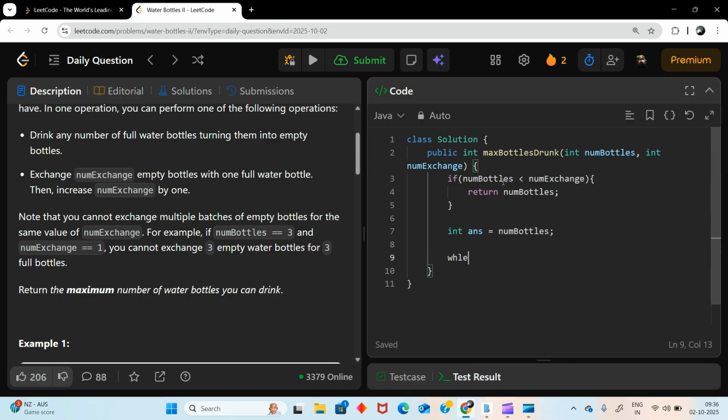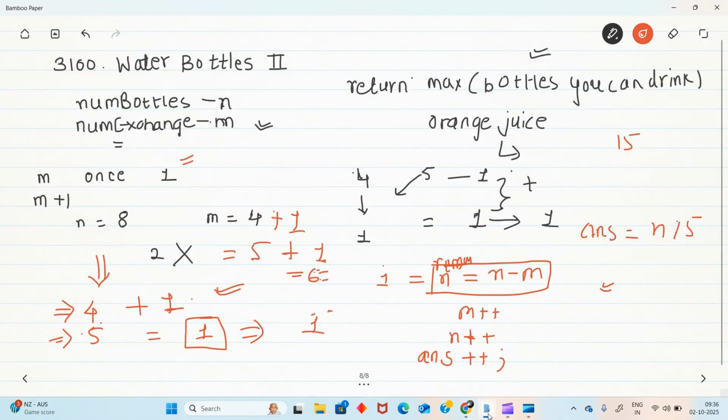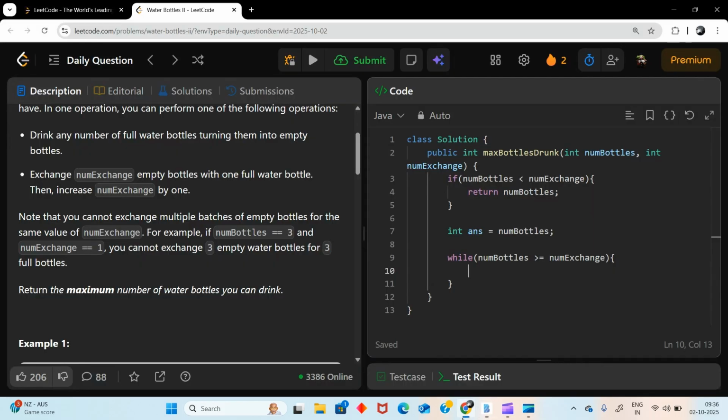We will do this subtraction while my number of bottles is greater than or equal to num exchange. Once we get the value as 1, we will stop, because my number of bottles is 1 and exchange is 6, so we won't be able to exchange, and that's the end.